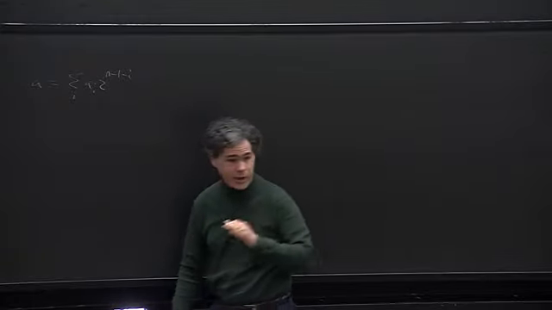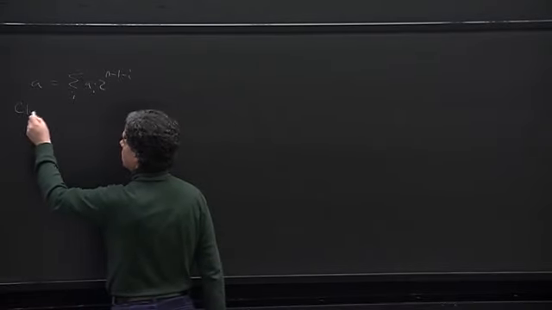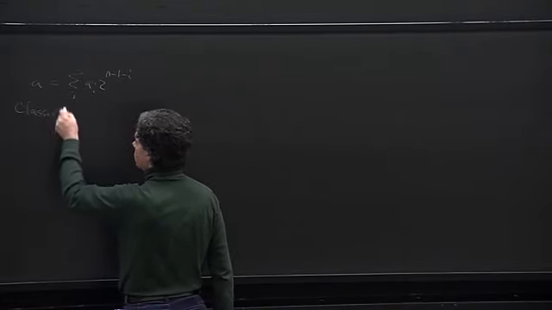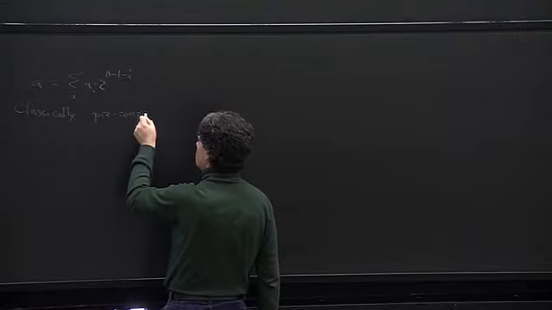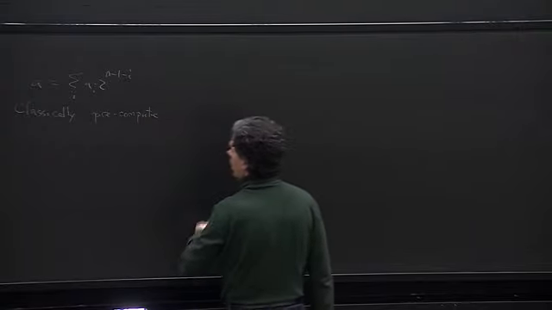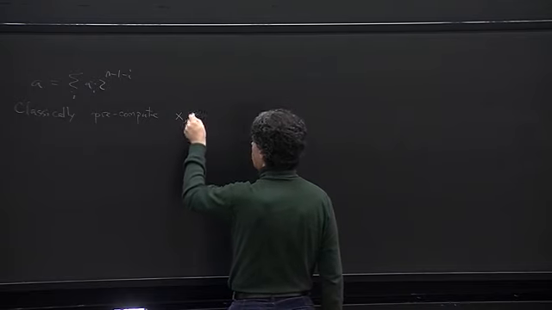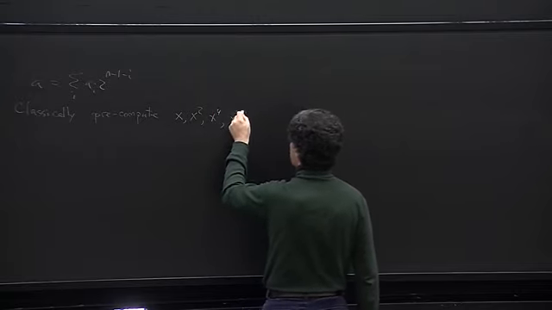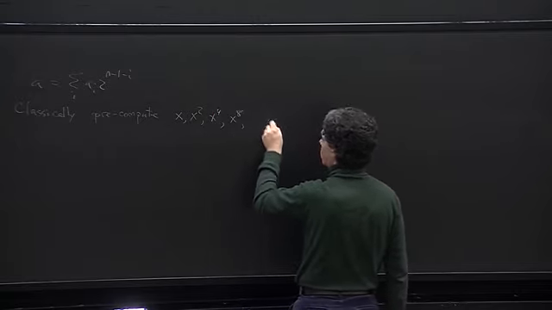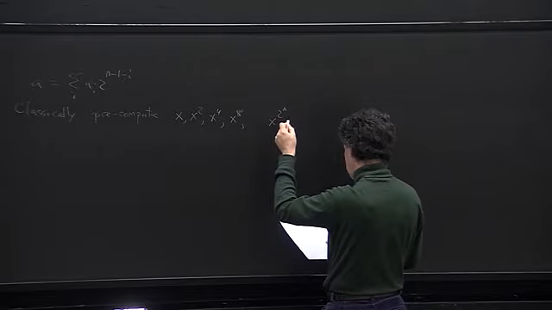And so one thing that we can do classically is the squaring, right? So we can classically pre-compute, well, x we know, but we also get x squared, x to the 4th, x to the 8th, and so on, up to x to the 2 to the n minus 1.